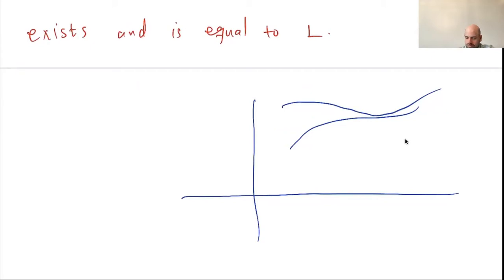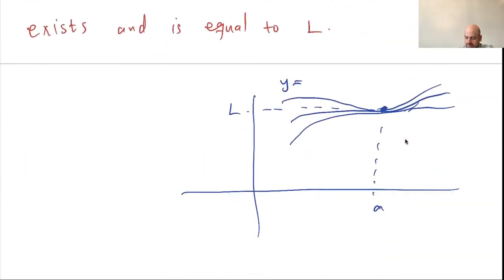This above function, let's call it h of x. The middle function, let's call it g of x. The below function, let's call it f of x. So we have three functions, f of x, g of x, h of x.